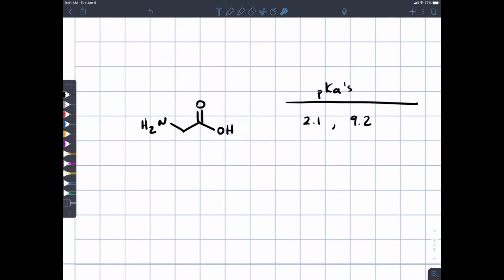And the reason that was confusing is, well, I don't know, actually. I think the textbook just prefers to show something neutral. But in reality, if that pKa of 9 were talking about going from the neutral amine to the negatively charged amide, that pKa should be like in the 40s or at least 38 or something like that. So you sort of have to know already that that's not what we're talking about.